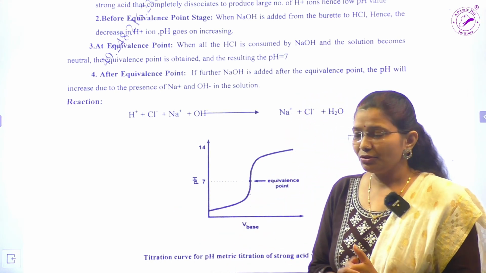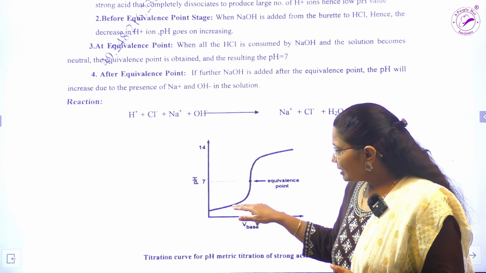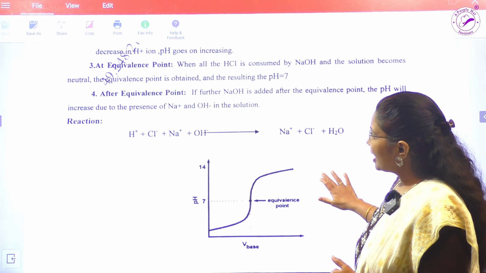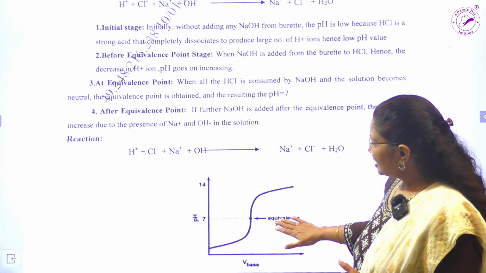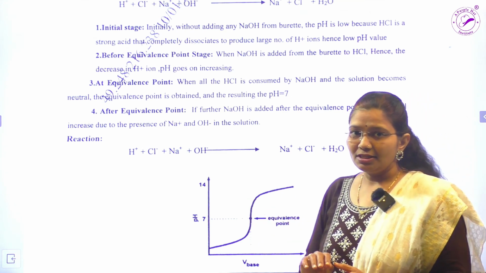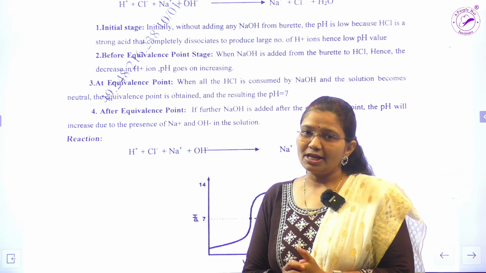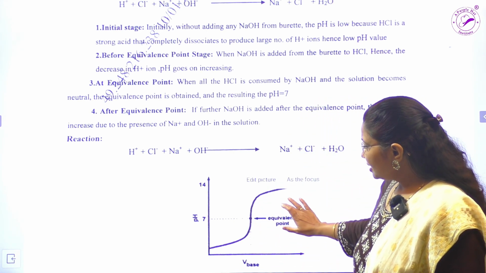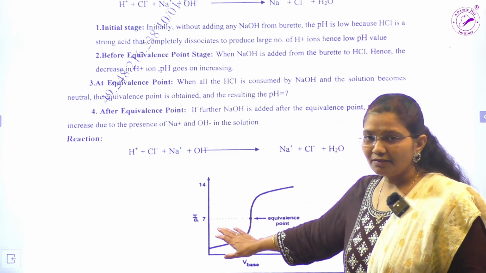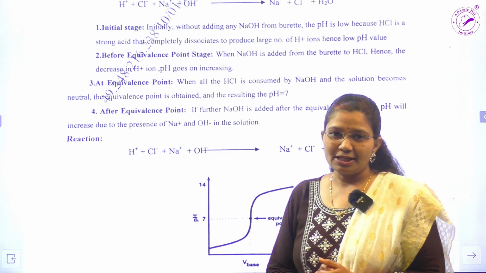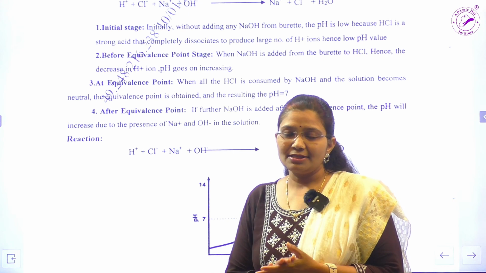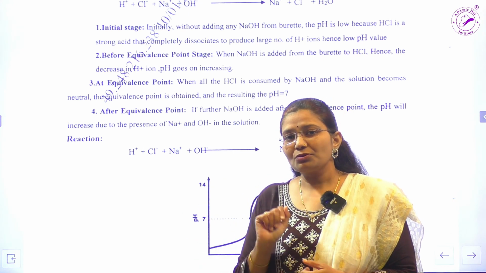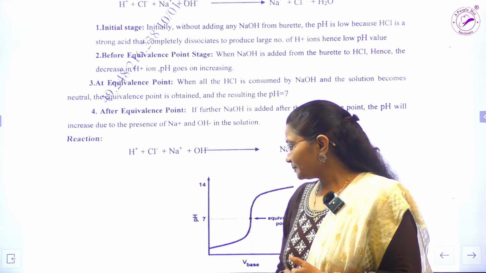Because of that the pH is slowly increasing. And what happens at the equivalence point? You can see that all the HCl is getting neutralized with NaOH. So at the equivalence point the pH is 7, because neutralization takes place and the whole acid is neutralized with NaOH, and the pH of that solution will be 7.